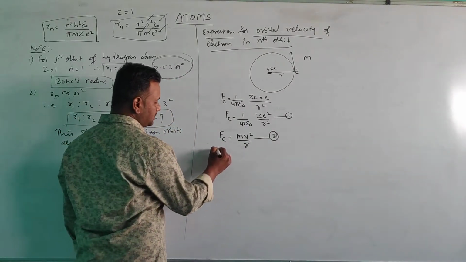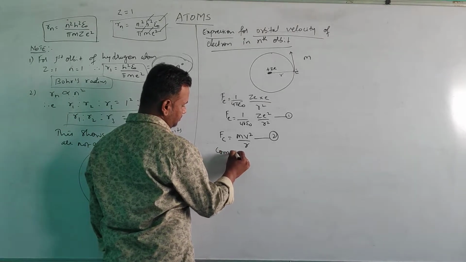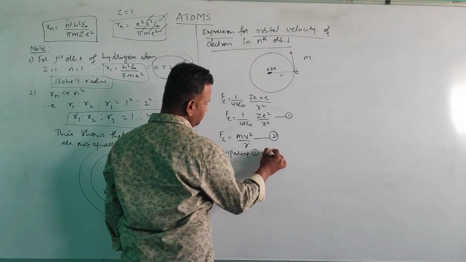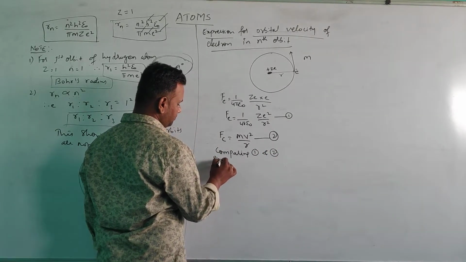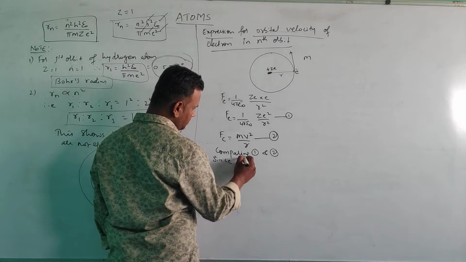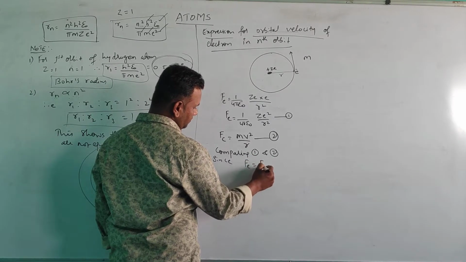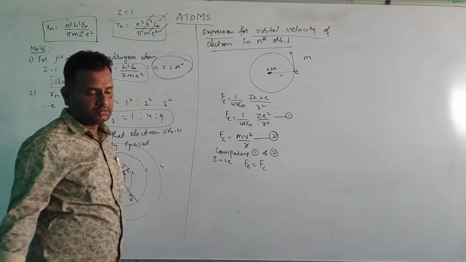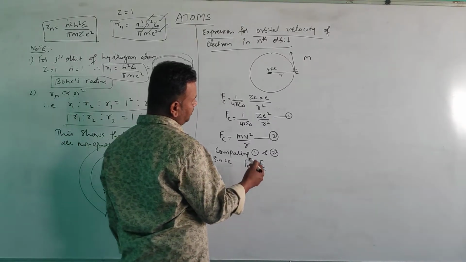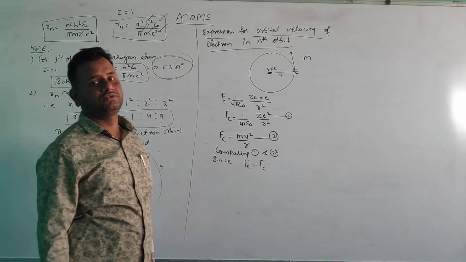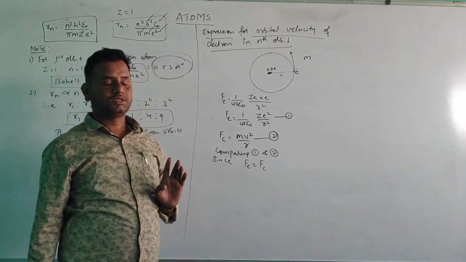Now compare 1 and 2. Since Fe is equal to Fc, the electrostatic force between the electron and the nucleus is equal to the centripetal force required for the electron to revolve around the nucleus.